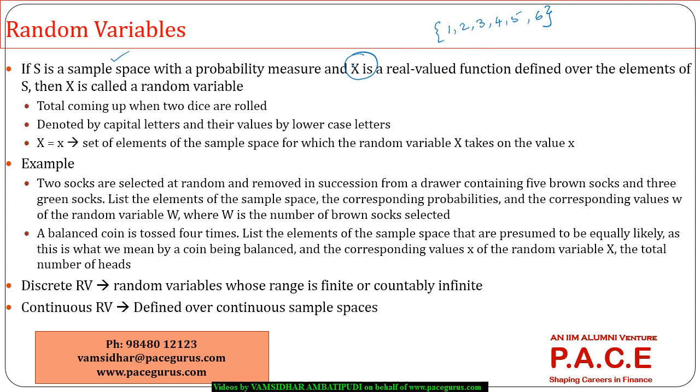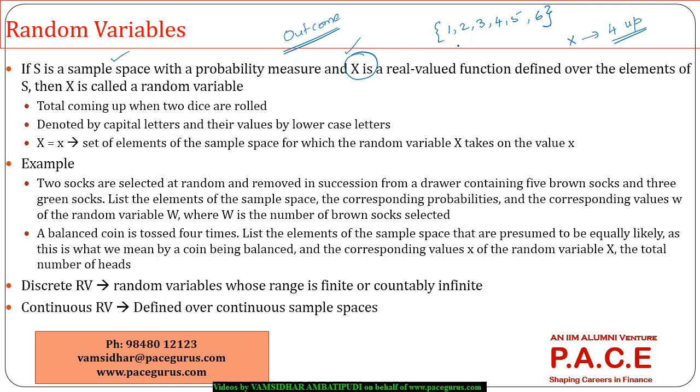Now, I'm talking about X as a random variable. X, I can simply say, is a number 4 coming up, or whatever is the outcome of the die.